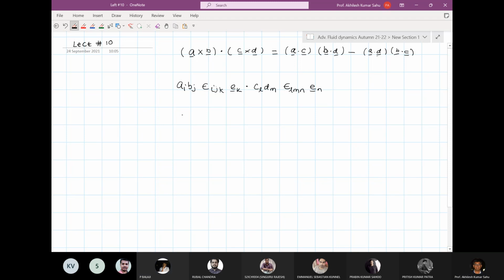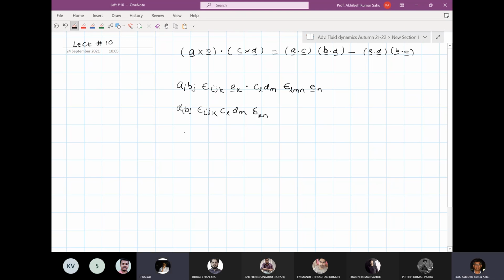Then, can you further simplify this? I think we will get delta_kn in the next expression. C_l D_m delta_kn, right?